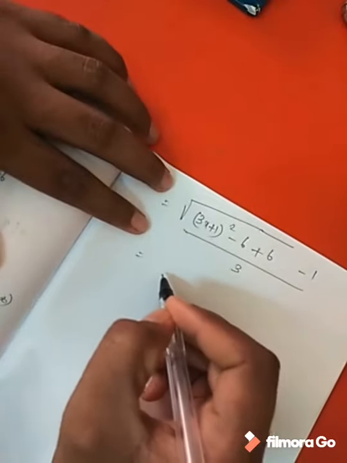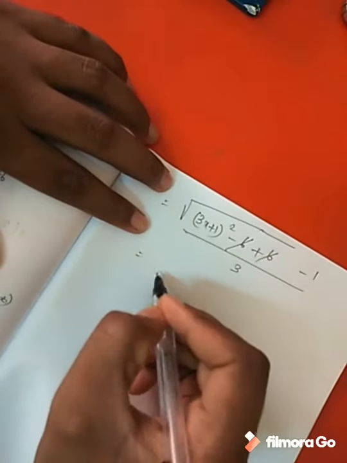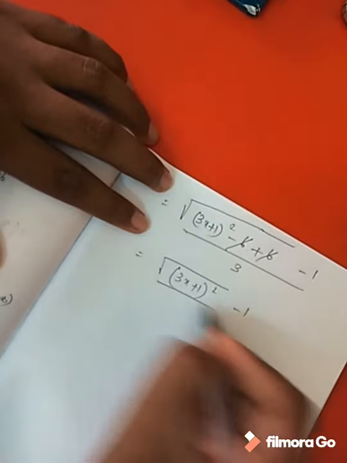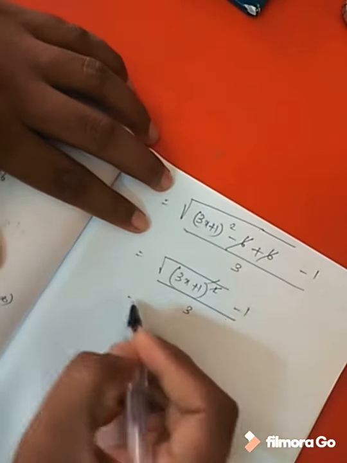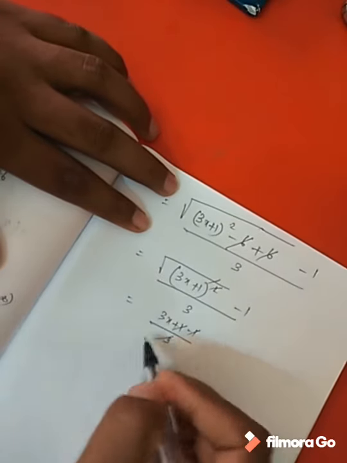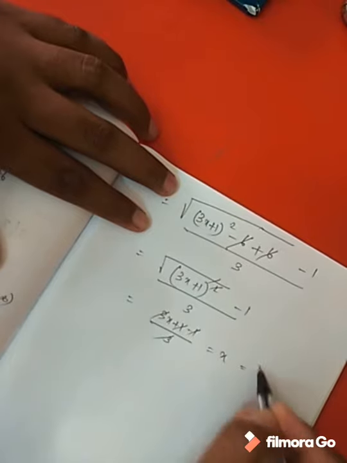The plus 6 and minus 6 cancel, the square root and square cancel, 3x plus 1 minus 1 by 3. So the answer is x.